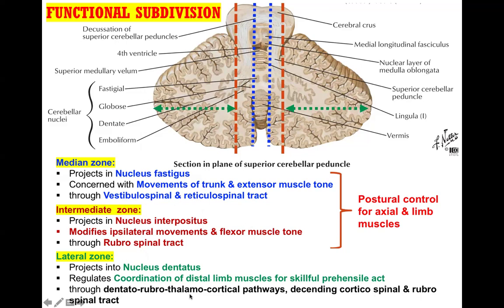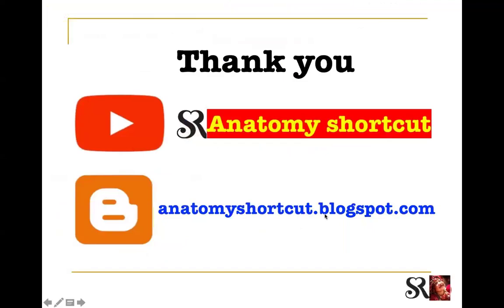Just remember the names only. If necessary, we'll discuss the structure in detail. Thank you so much. Today we'll only be discussing these things. We have discussed the classifications and general anatomy of the cerebral hemisphere.